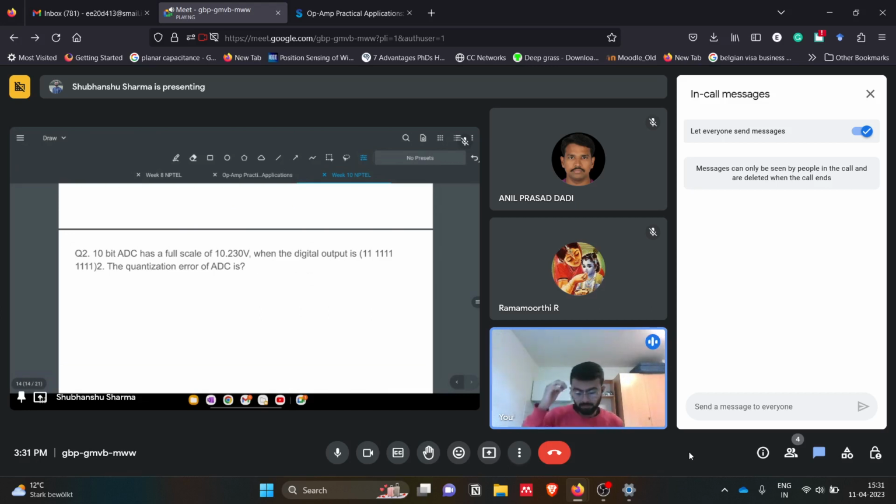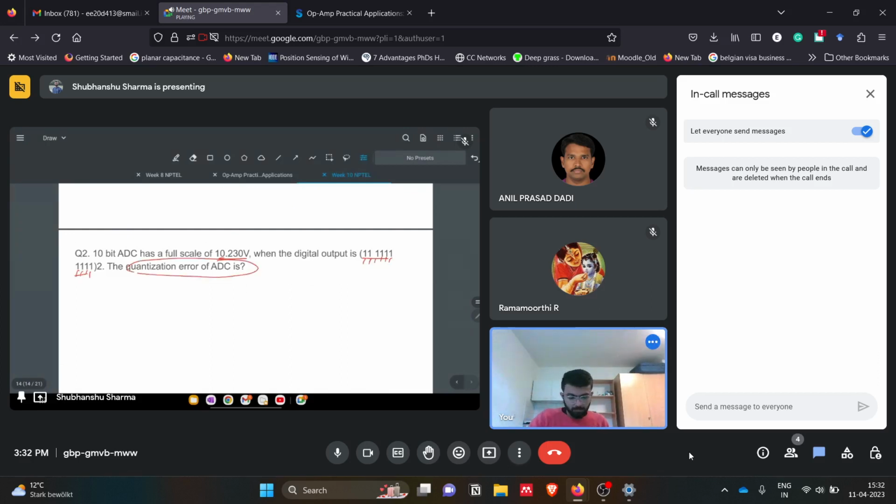Question 2 is: a 10-bit ADC has a full scale of 10.230 volts. The digital output is all ones, that is the full scale output of a 10-bit ADC. So we have 10 bits here, 1 2 3 4 5 6 7 8 9 10. Now they are asking what is the quantization error.